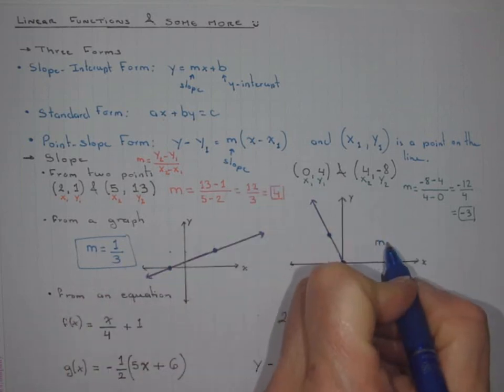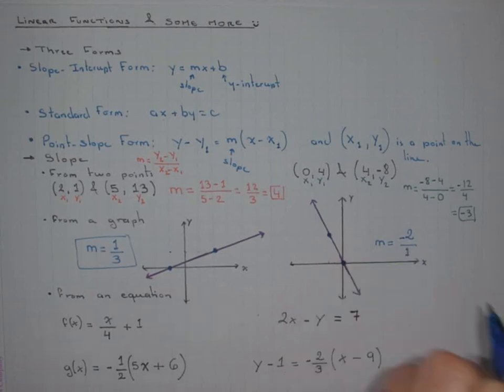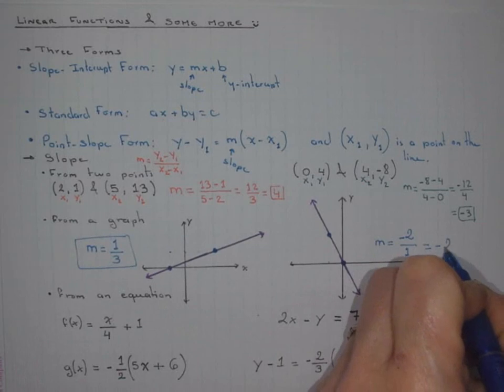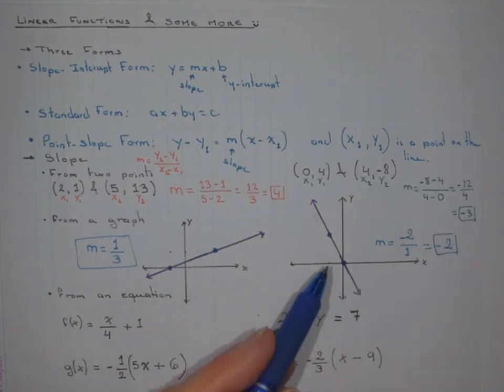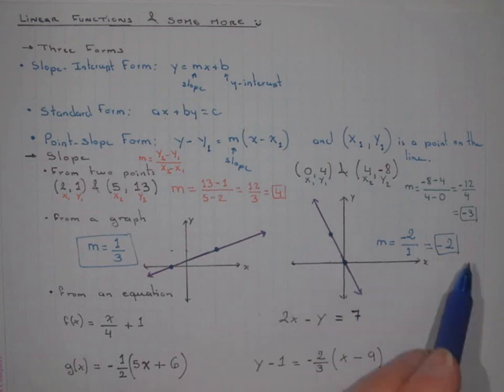So this slope, down 2, is shown by a negative 2 over 1, but we don't need that division by 1, right? So that's just going to simplify to a negative 2. So the slope of this line will be negative 2.